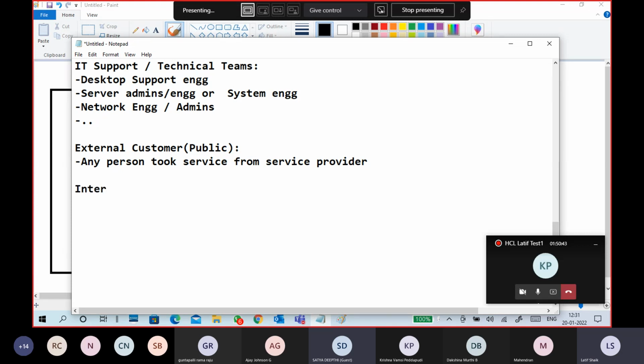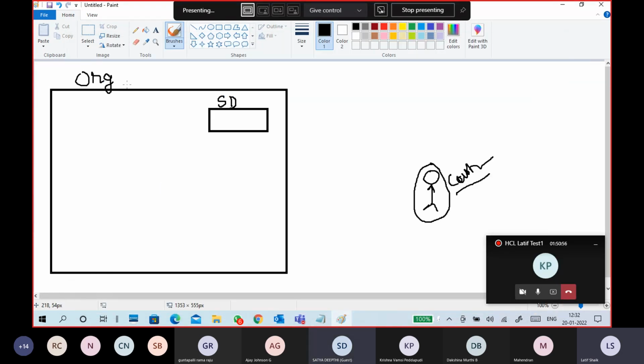When you hear the words external customer, it means there is also an internal customer. Who is this internal customer? Simple, this is my organization.